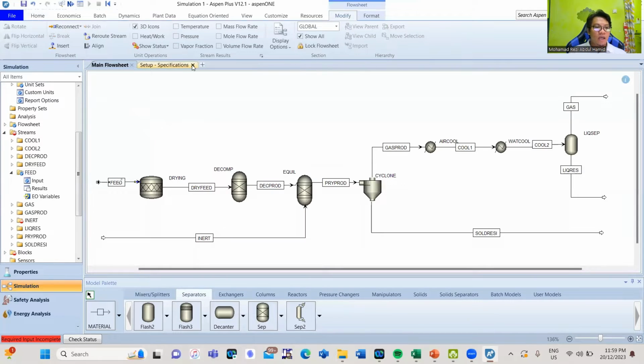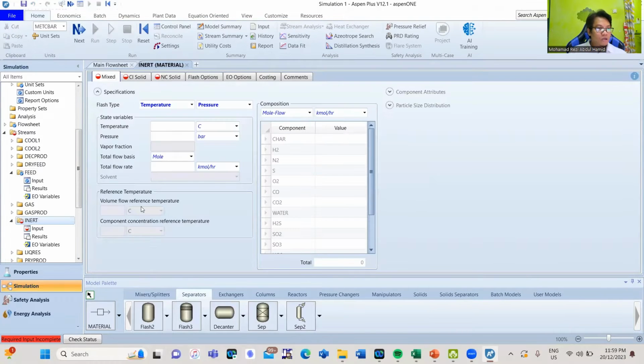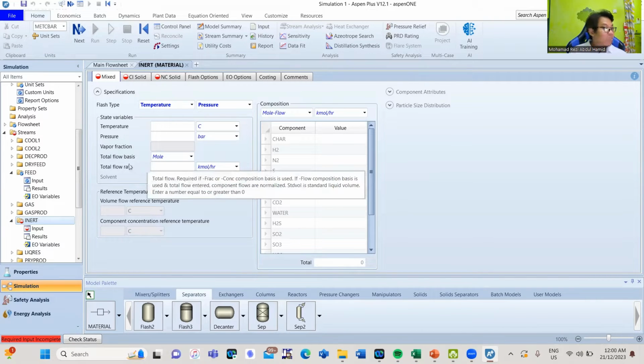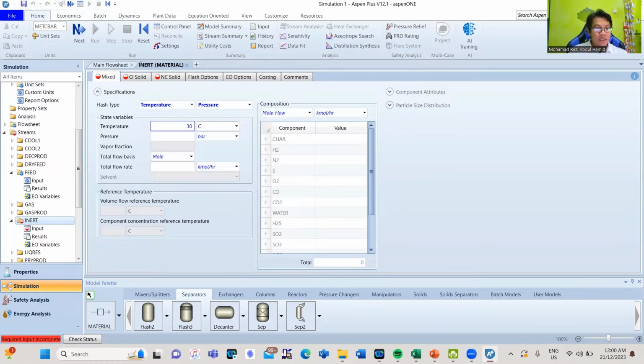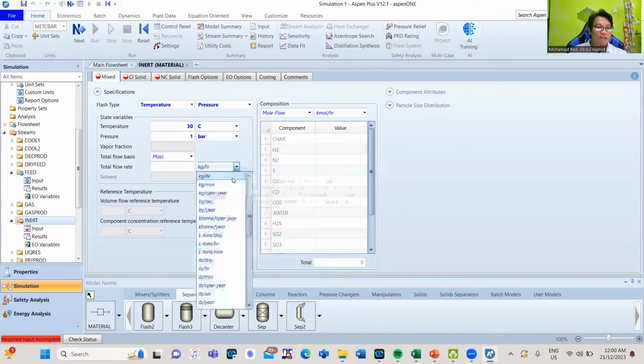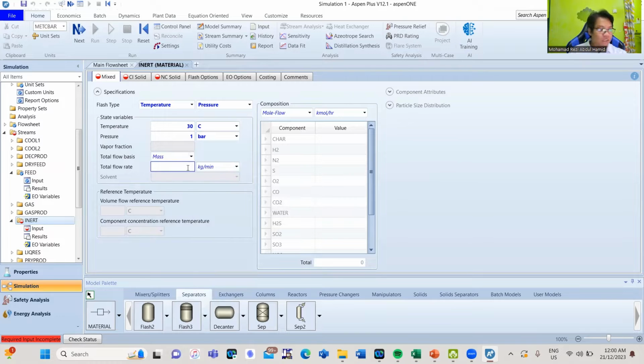Then you can define your inert. Your inert is basically an inert gas at 30 degrees Celsius and 1 bar. The flow rate is 0.5 kilogram per minute.